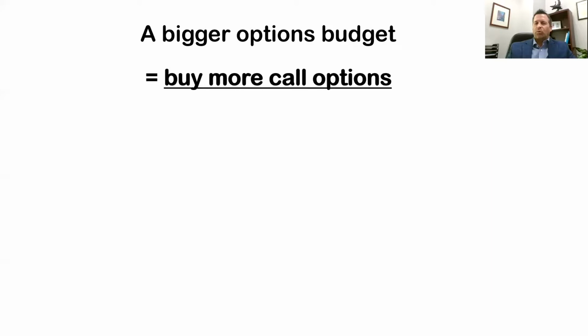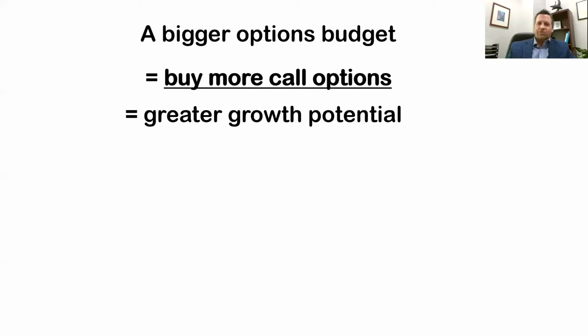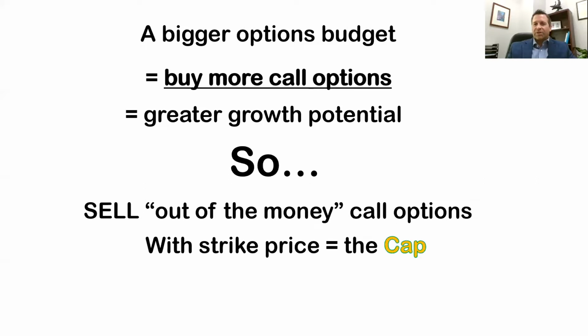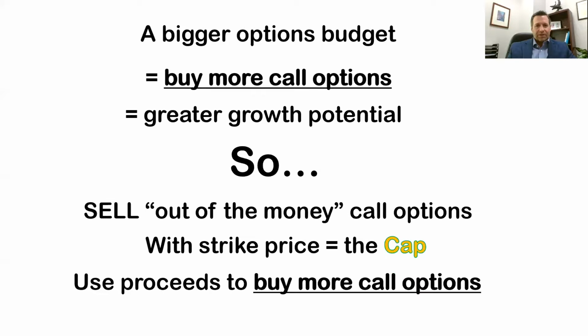That obviously means that we can buy more call options, which gives greater growth potential inside the insurance policy. So we also sell out of the money call options with a strike price equal to the cap, and we use those proceeds to buy yet more call options.